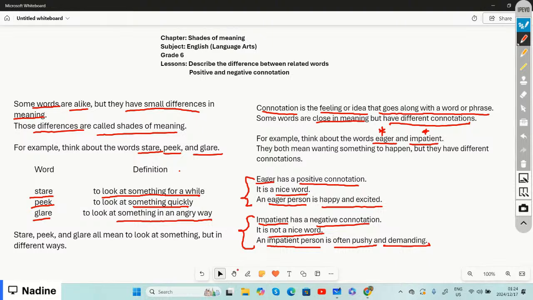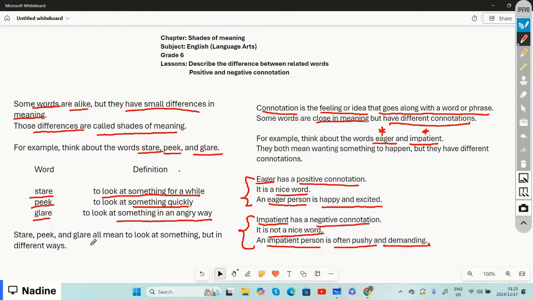All right. So now we're going to aplusstudents.ca, and we're going to describe the difference between related words, where we have words that are alike, but they have slight or small differences in meaning. And we're going to look at positive and negative connotations. Positive connotation means it's nice words.